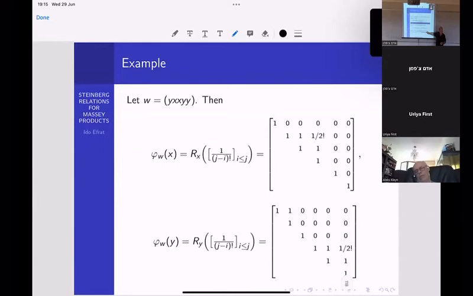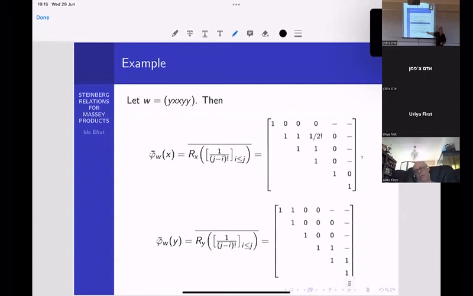And then we need to project, we need to go to partial matrices, that is, forget these entries, these entries. So this is what you get for this word. It's very explicit, but it's quite complicated.